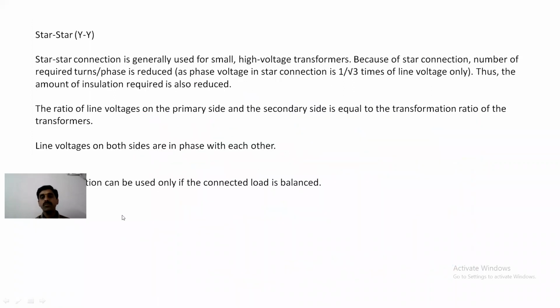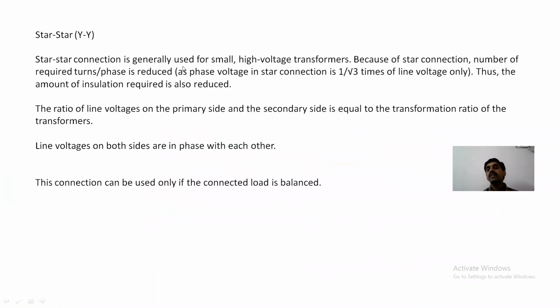So as a gist, if you see, star-star connection is generally used for small high voltage transformers because of star connection. Number of required turns per phase is less, and phase voltage in the star is 1/√3 times of the line voltage. You know that, thus the amount of insulation required is less.